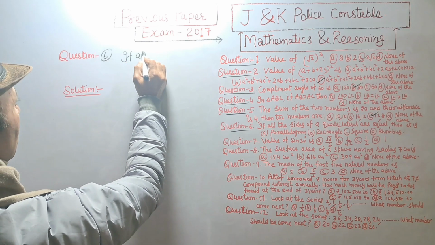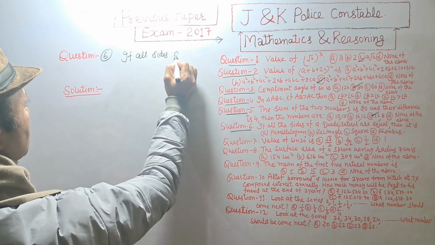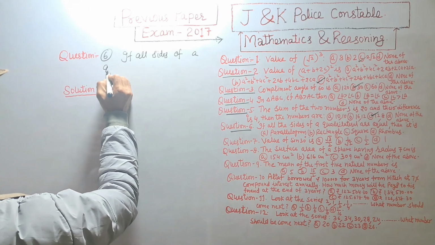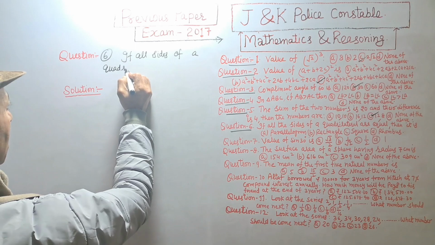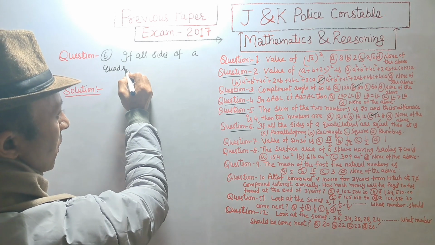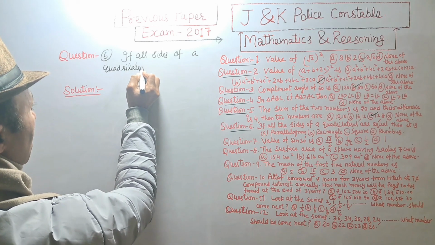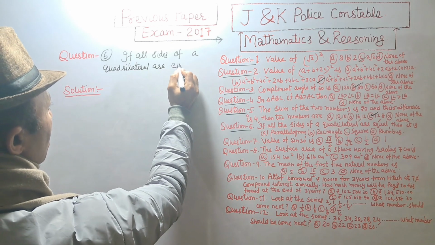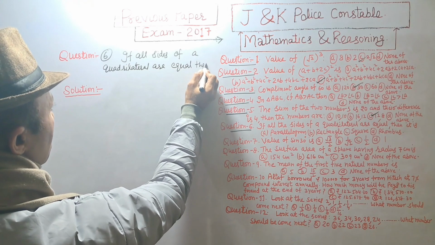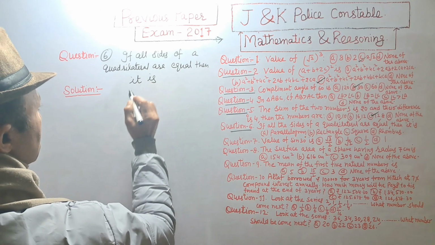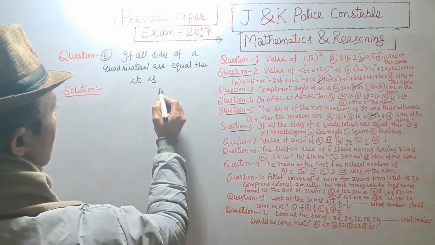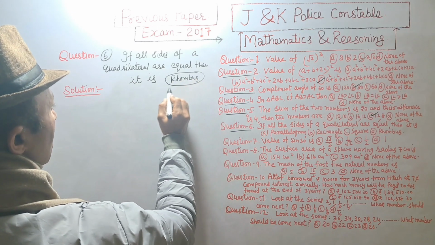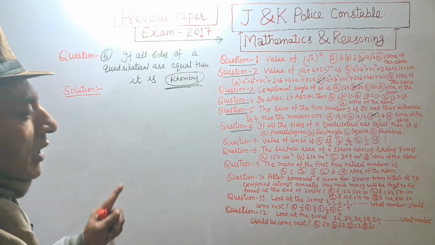If all sides of a quadrilateral are equal, then it is a rhombus.